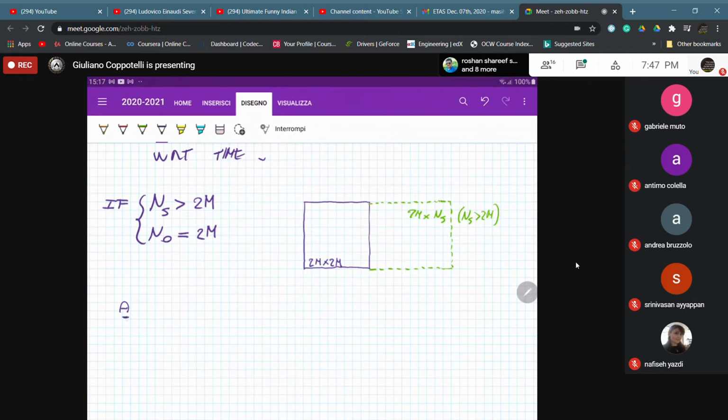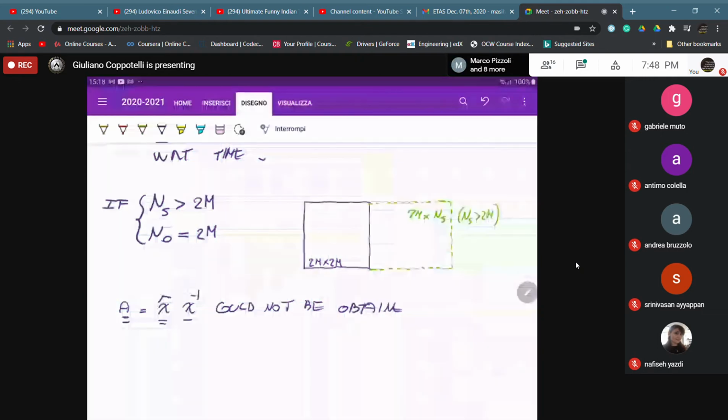Okay, so if that is true, your A matrix, remember, that is equal to half chi matrix times the inverse of the chi matrix, could not be obtained. Because in general there is no chance of having the inverse of a rectangular matrix.